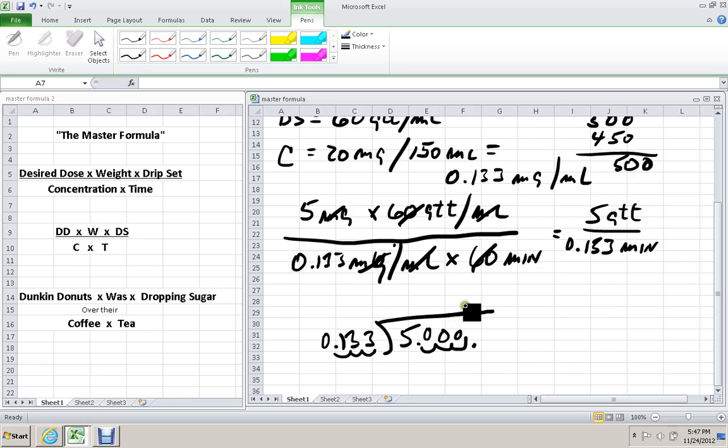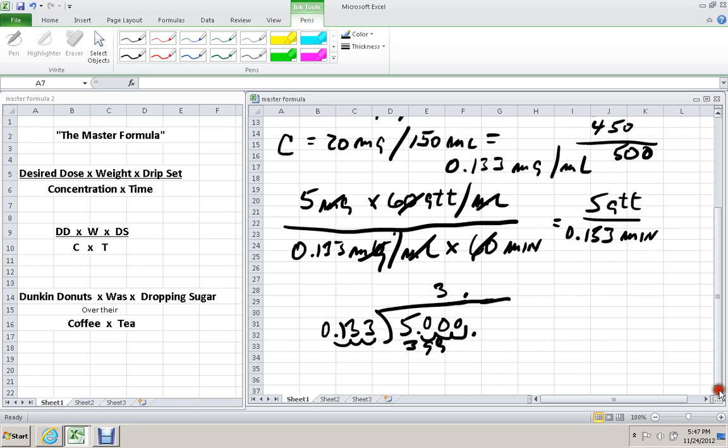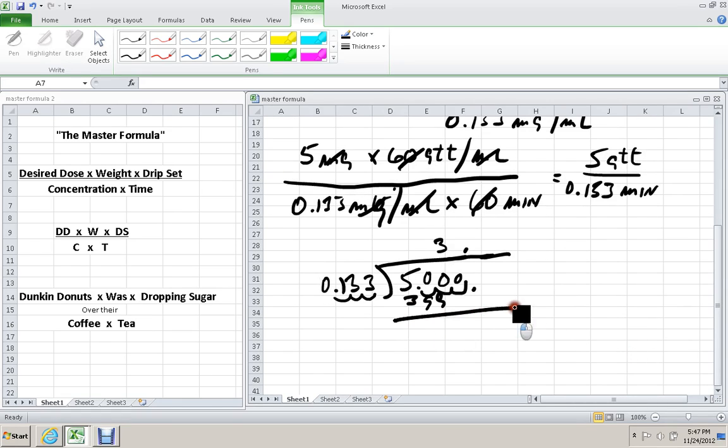That's where the new decimal point goes. 133 into 500 goes 3 times. And that's 399. 0. Okay.